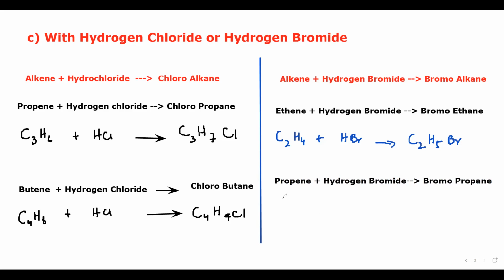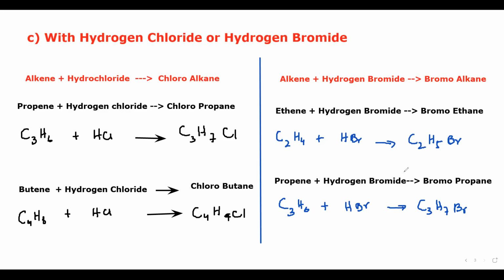So prop means C3H6, hydrogen bromide is HBr, and as a result it will produce C3H7Br. So it will produce bromopropane. So with hydrogen chloride, an addition reaction will occur.